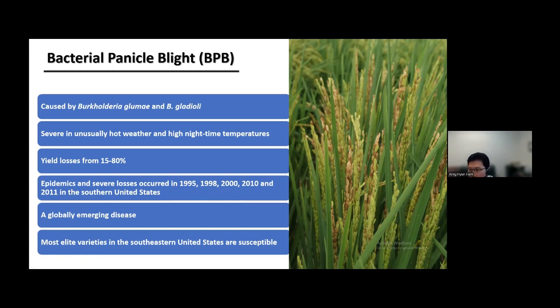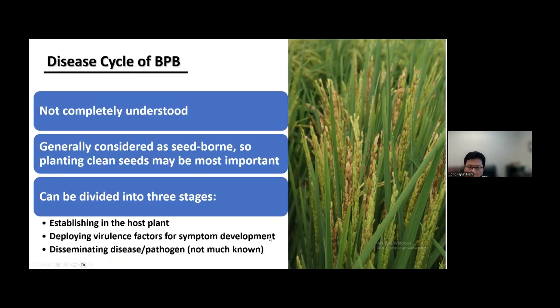But nowadays, this disease is also becoming a serious problem in other parts of the world, probably due to climate change. Unfortunately, most of the commercially valuable varieties in the United States and other parts of the world are susceptible to this disease.